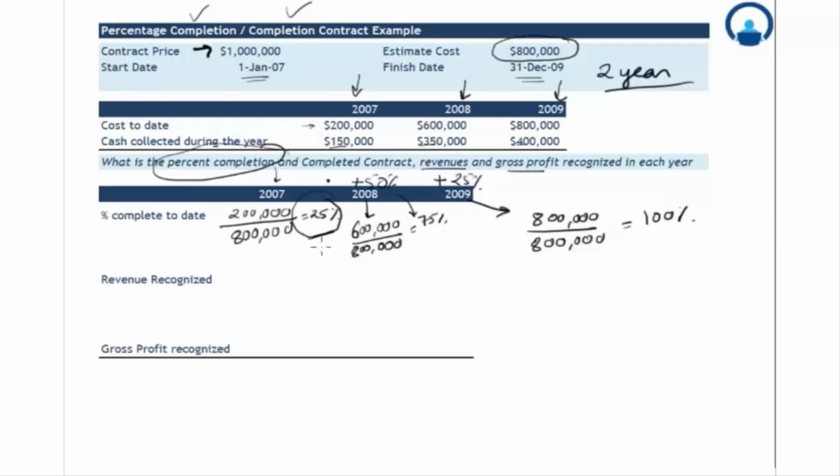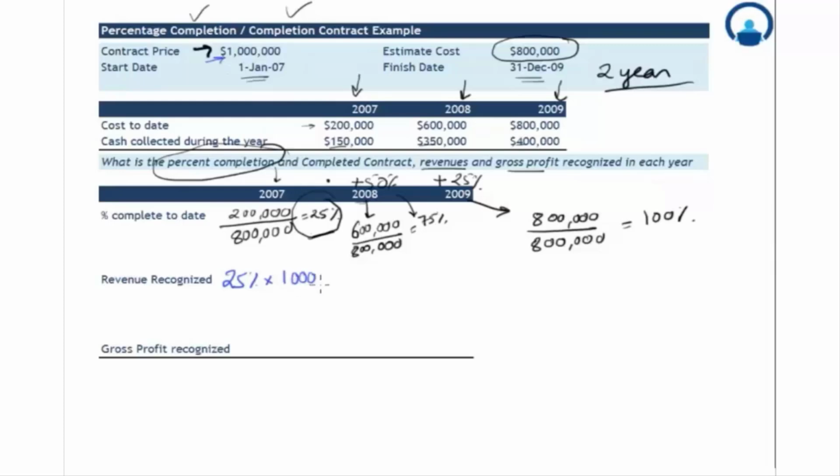So revenue must be recognized in the proportion of work that was completed in that year. That is 25% in 2007, 50% in 2008, and 25% in 2009. So let's do that and see how much is the revenue that gets recognized here. So this will be 25% multiplied by the total revenue that is committed, which is $1 million.